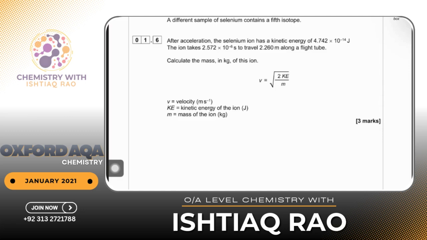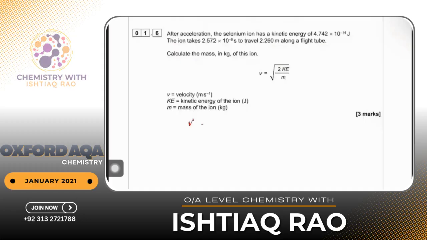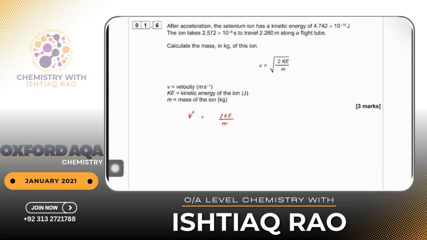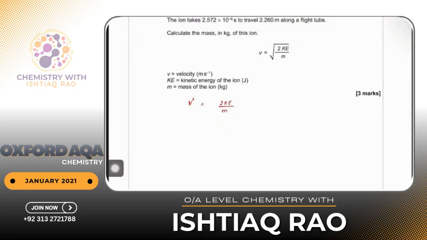So 2KE over m is equal to v squared, then m is equal to 2KE over v squared. I know the value for KE, that is going to be 4.742 times 10 to the power negative 14, divided by v squared.